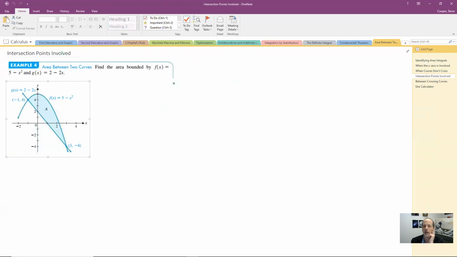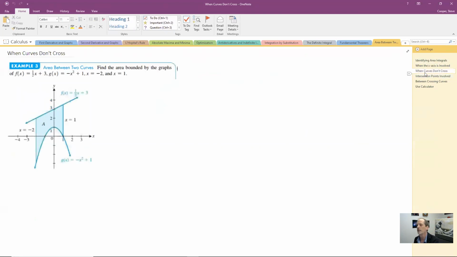So we're going to go and create the integral from, oh, I jumped ahead one slide too many. Get to you later. This is when curves don't cross. So this is basically asking us for the integral from -2 to 1.